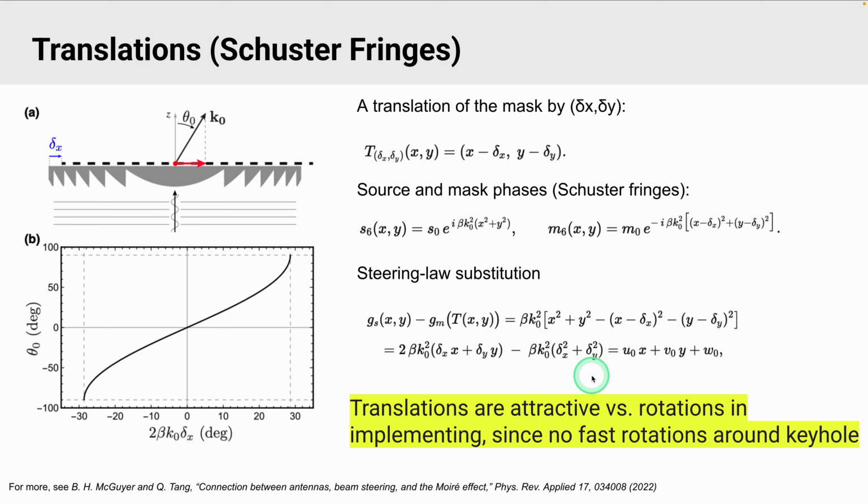This is very interesting and attractive because you can easily implement it with two linear motors. And since it only uses translation, it doesn't have the fast rotation around the keyhole like the VIX and MSA antennas.